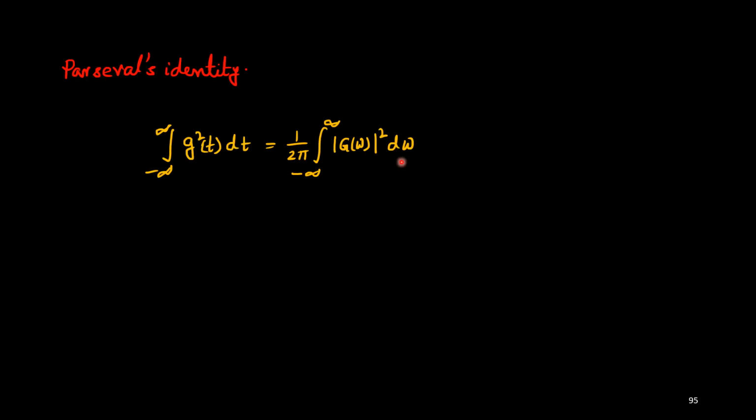So this is your spectral density, because if you integrate it you get the energy again, so it is the energy spectral density, right? So this is also useful. We'll use these things.